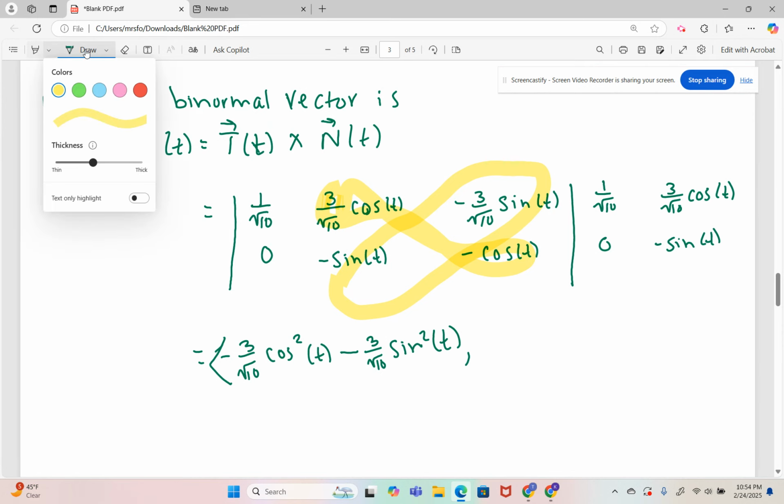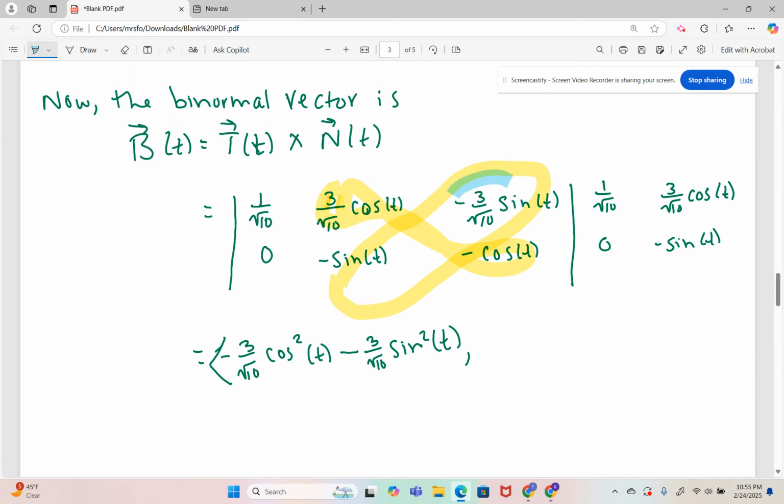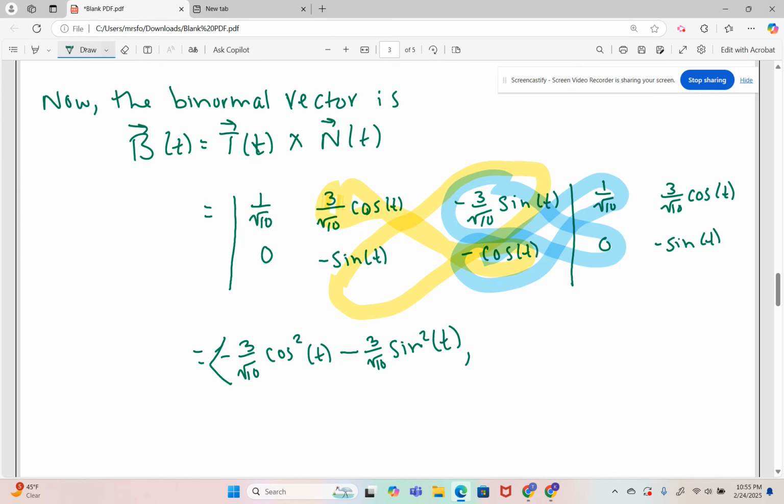So then the next part would be 0 minus this, which would become positive 1 over square root of 10 cosine t. Yep.